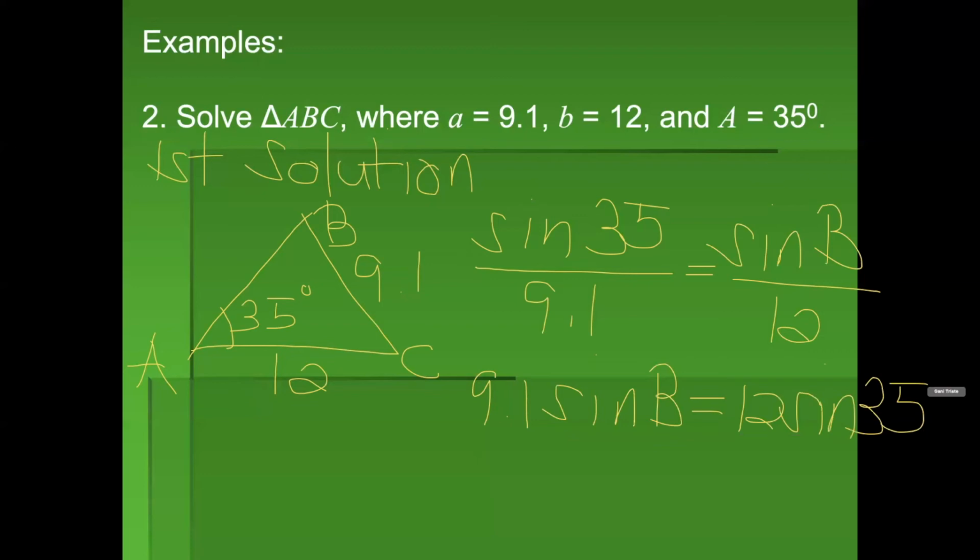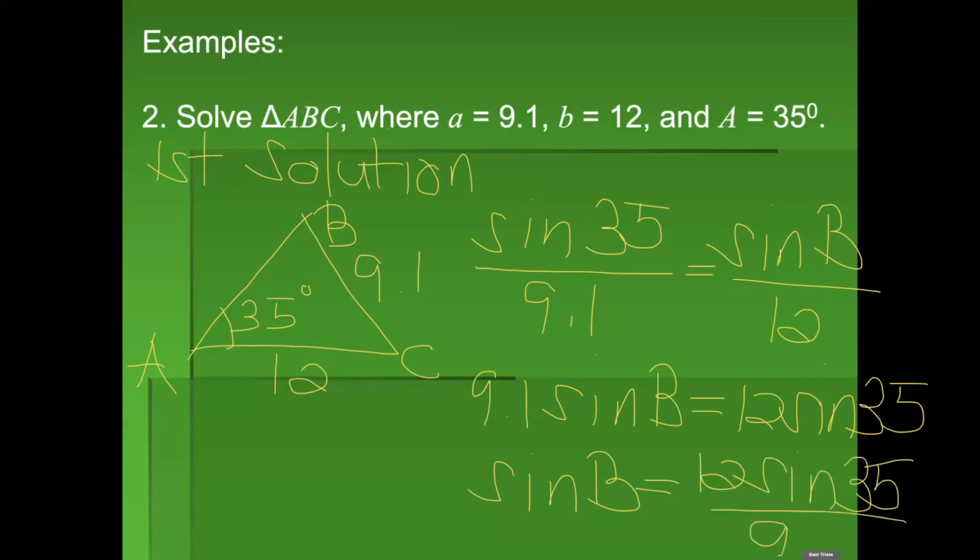Since we want to solve for B, we have sine B equals 12 sine 35 over 9.1. To do that, we need to press shift sine on our calculator.